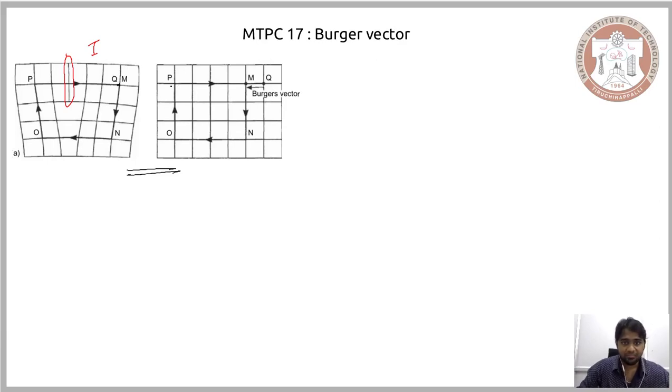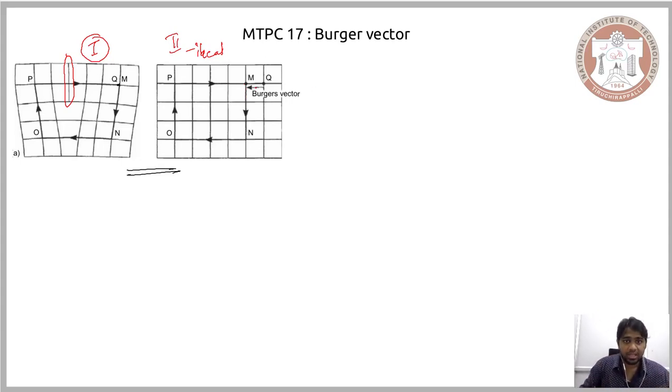And the same we did for an ideal case. The second one is a theoretical or ideal arrangement, and in that case we reconstructed the Burgers circuit that we constructed for case 1. When we reconstructed it, we saw that the points M and Q, which initially coincided with each other, did not coincide.